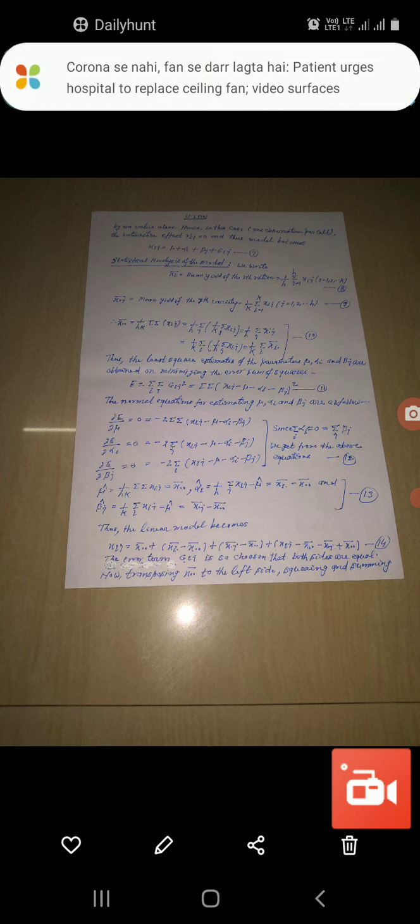Since summation alpha i is equal to 0 and this is equal to summation j beta j, we get from the above equations the estimate of mu, that is mu hat is equal to 1 upon hk double summation xij, and this is nothing but x double dot bar.